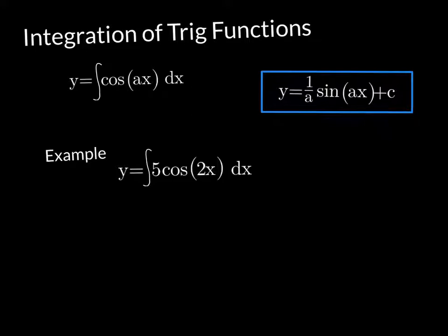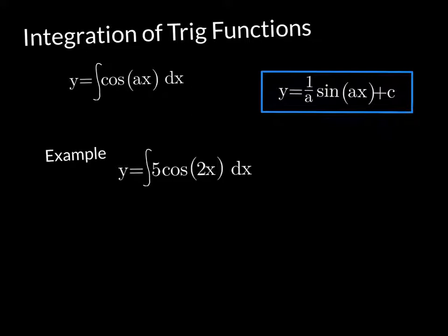Now let's think about integration. For integration, if we want to integrate y being equal to the integral of cos ax with respect to x, then that means that y would be equal to 1 over a, the sine of ax, plus c.